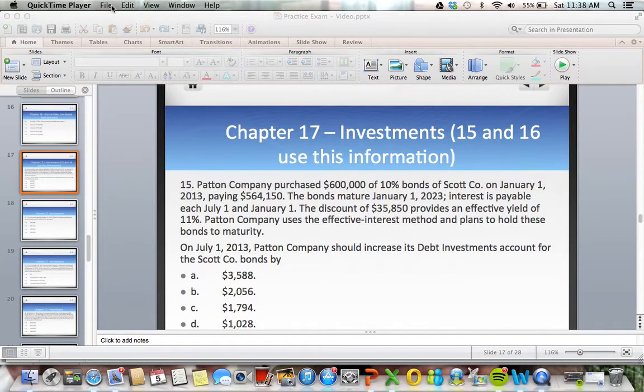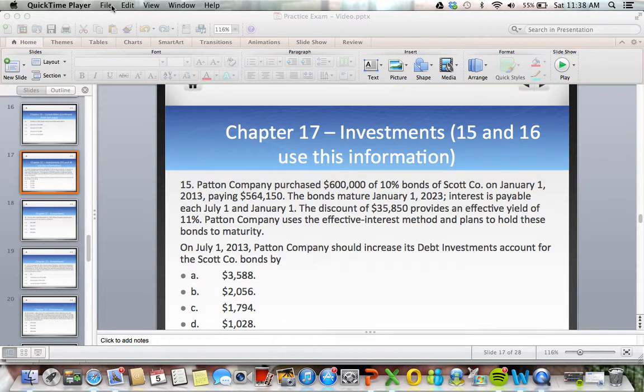And continuing with question 15, we have Patent Company purchased 600,000 of 10% bonds of Scott Company on January 1, 2013. They paid 564,150, and the bonds mature on January 1, 2023. Interest is payable each July 1 and January 1.